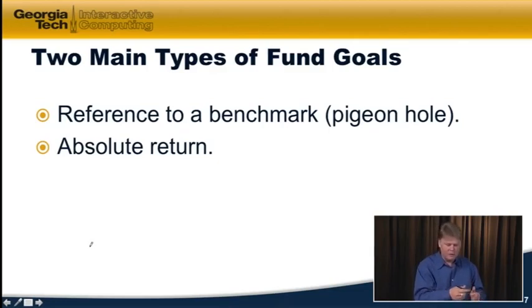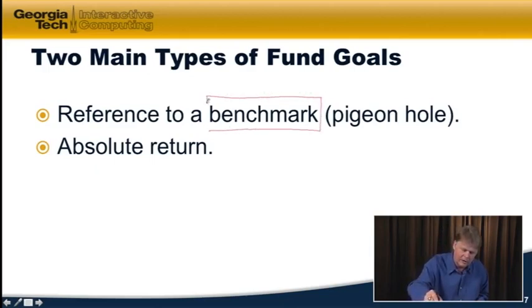So you need a benchmark, and a benchmark is usually a big index like the Dow Jones or the S&P 500. And the goal is to compare the funds you manage to this benchmark. And there's a number of performance metrics we can do, and we can see whether the fund is better than the benchmark or not.